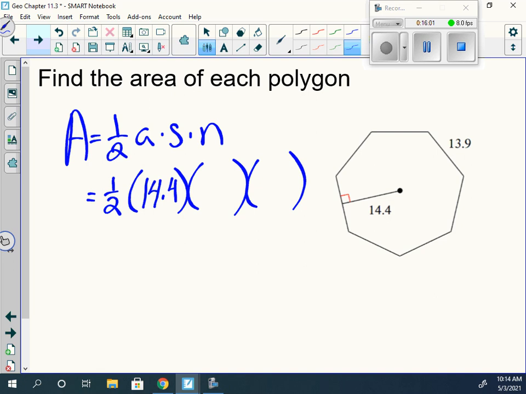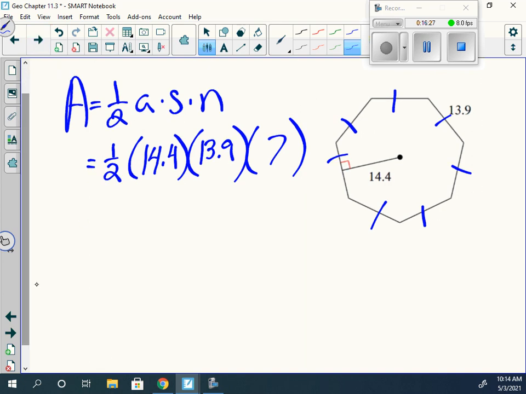What's our side length? How many sides does it have? 1, 2, 3, 4, 5, 6, 7. And just like with our rhombuses and kites, we can type all this into the calculator and have it figure it out for us.